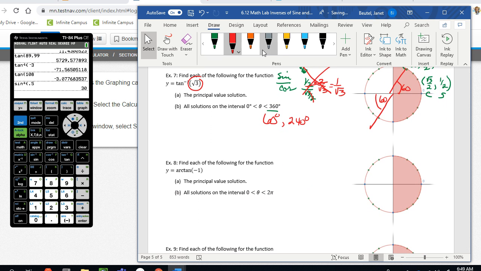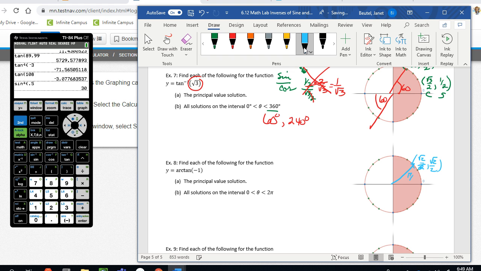One more. Okay, so this one's -1. Inverse tangent, -1. Now, -1 is actually the easiest one for tangent, maybe besides 0. This is where you have square root of 2 over 2 and square root of 2 over 2. So our sine and cosine are the same. So tangent of 45 degrees, or pi over 4, is always 1.